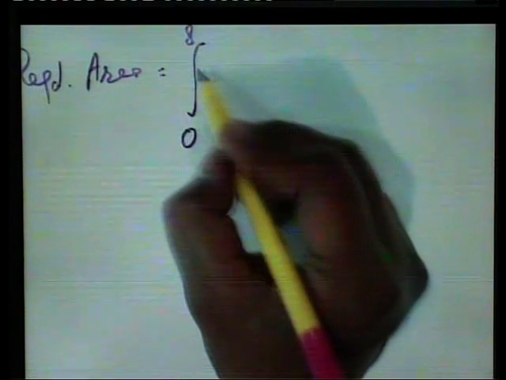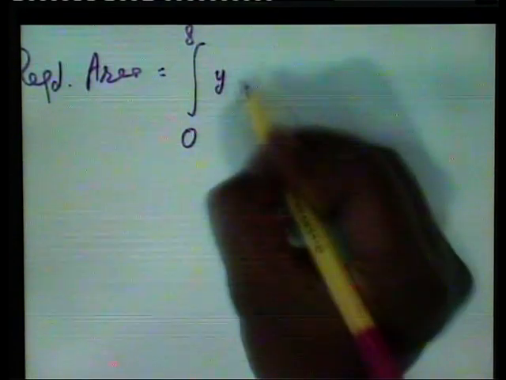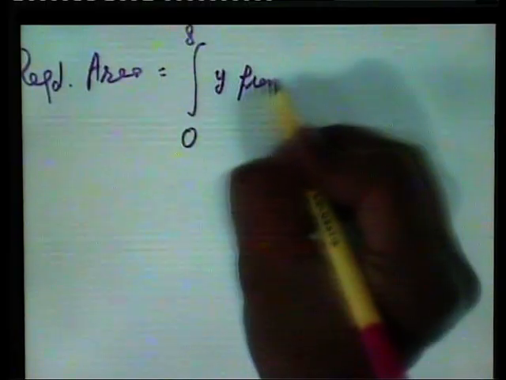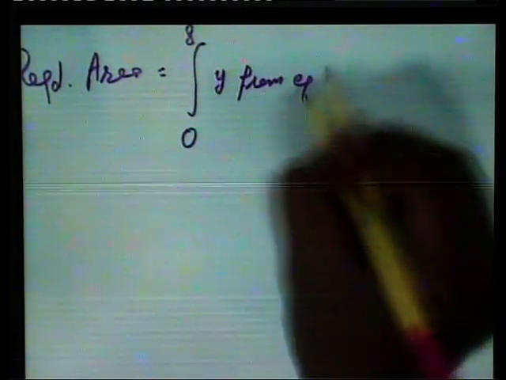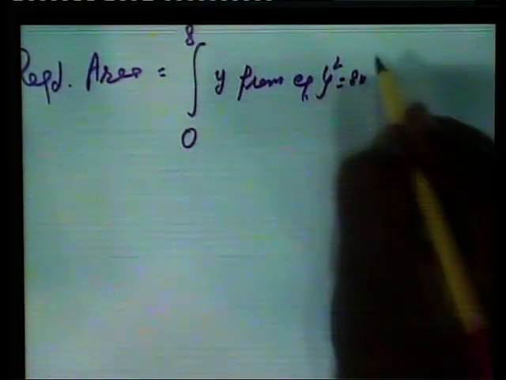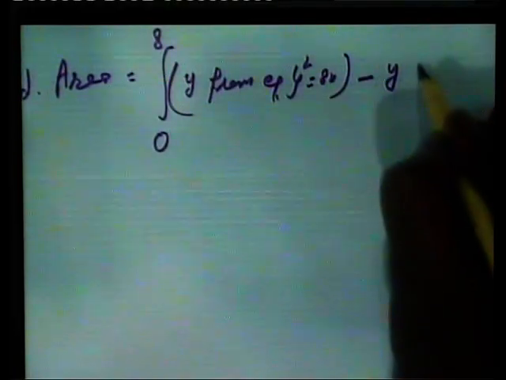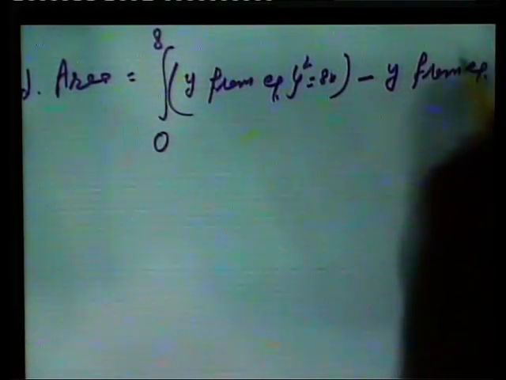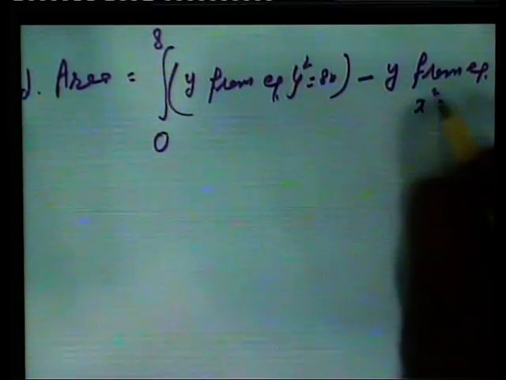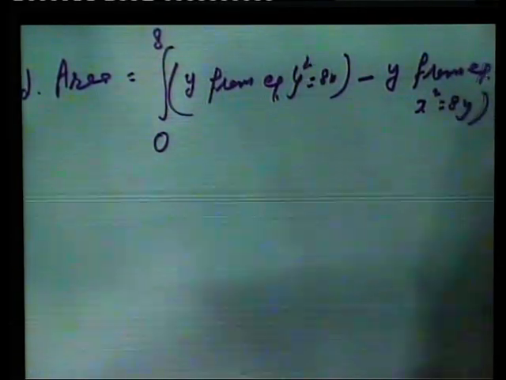Required area is equal to integral from 0 to 8 of y from the equation y square is equal to 8x minus y from the equation x square is equal to 8y, dx.